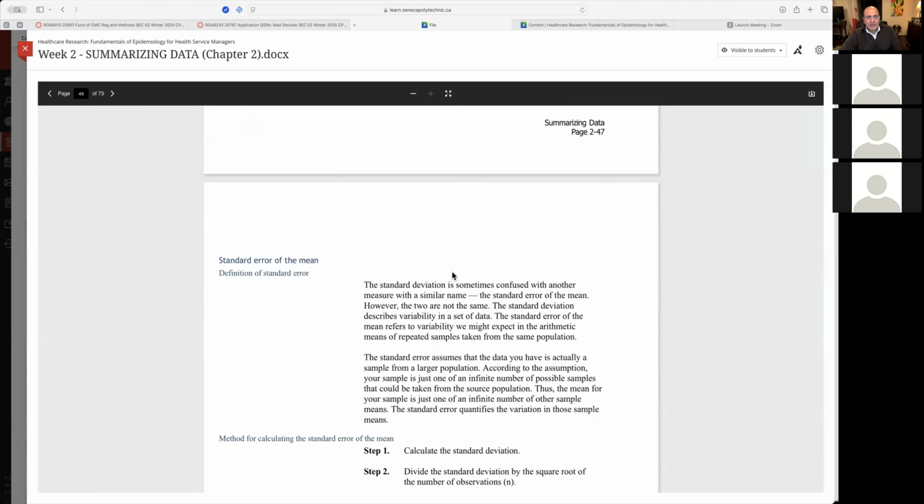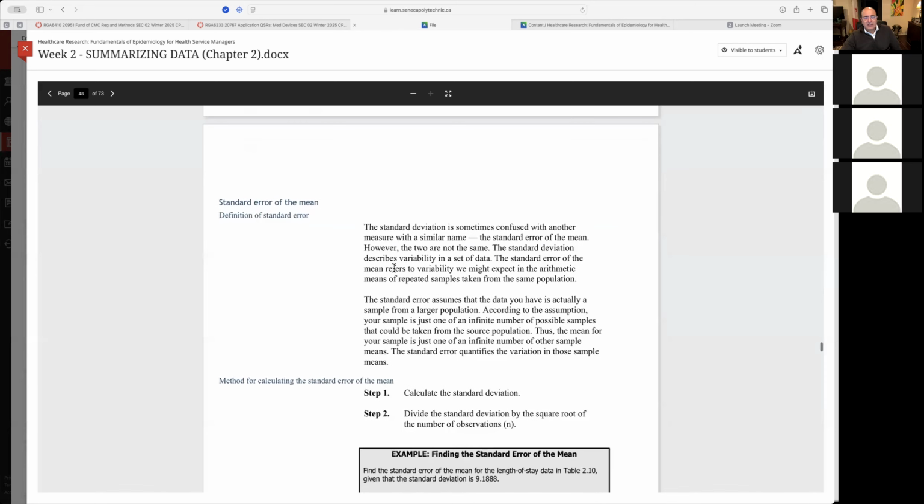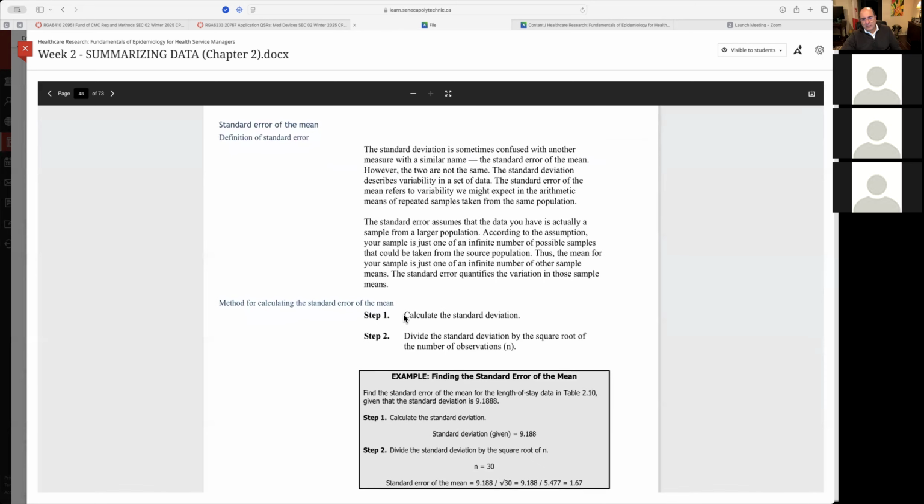And then here, standard error is another term, which means that we are having an average. And the standard deviation that we are calculating allows us, of course, to calculate the standard error. So you see, the first step is that we calculate the standard deviation for our data, and then we divide the standard deviation by the square root of the number of observations.